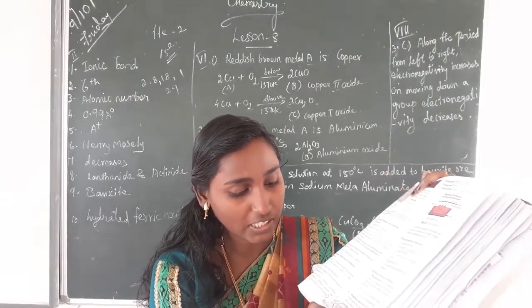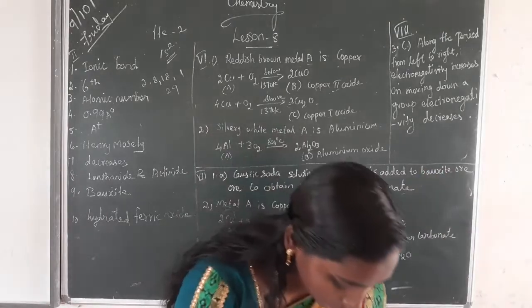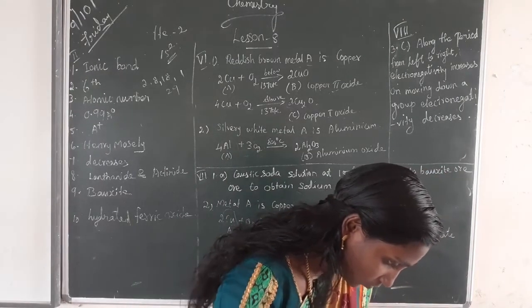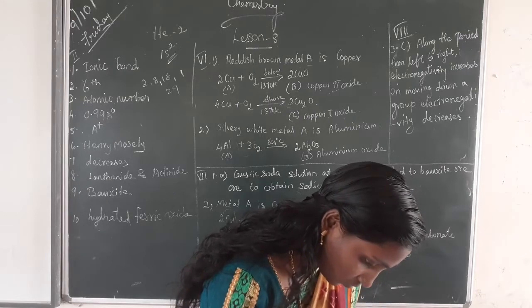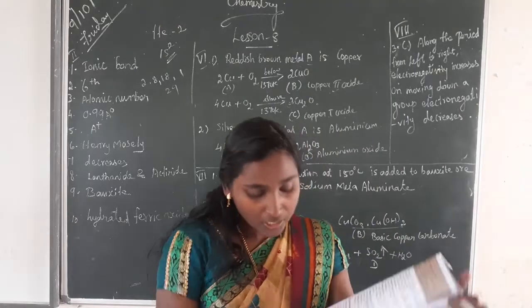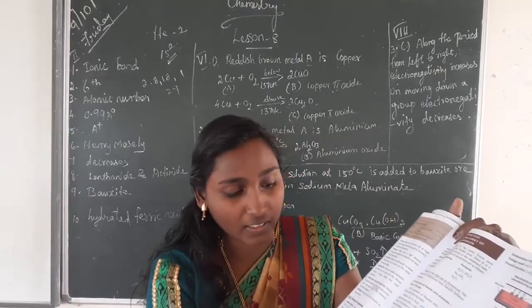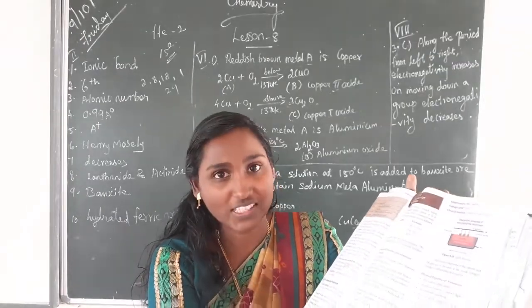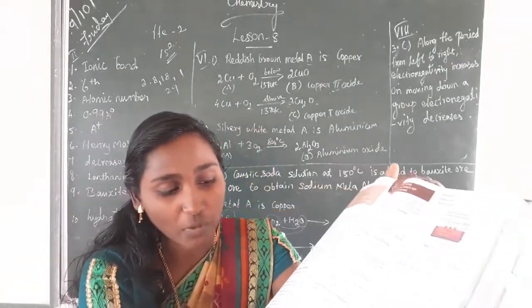Then next equation. Sorry, not that equation, very sorry. This one, reaction with water. The second one, aluminium reacts with the steam, no, here oxygen. So note this equation, mark it.